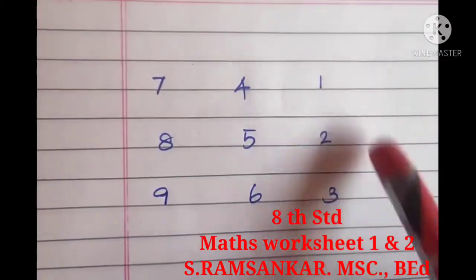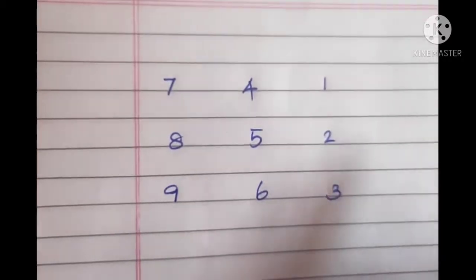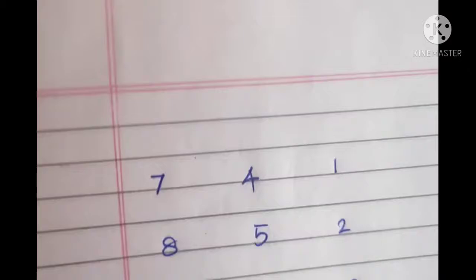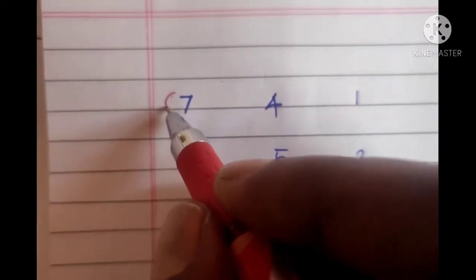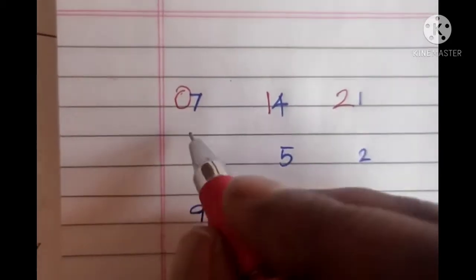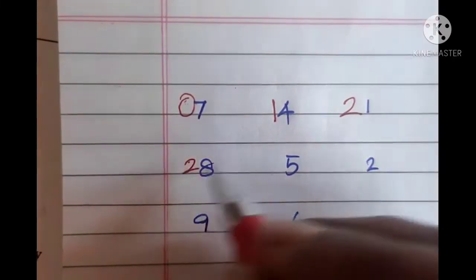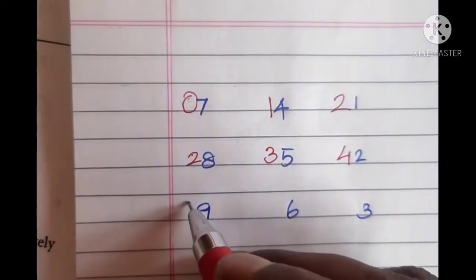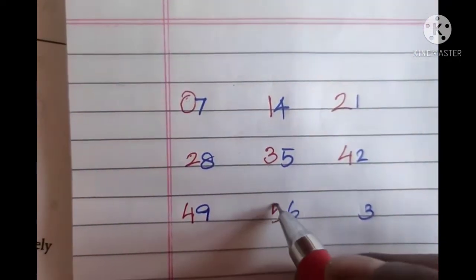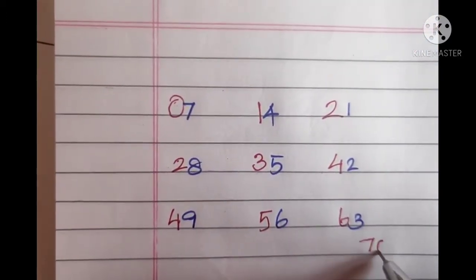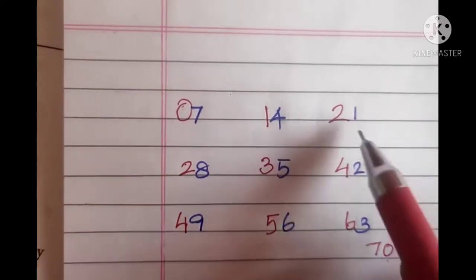First you write the numbers 1 2 3 4 5 6 7 8 9. Then you write 0 1 2, then again 2 3 4, then 4 5 6, then 7 0.